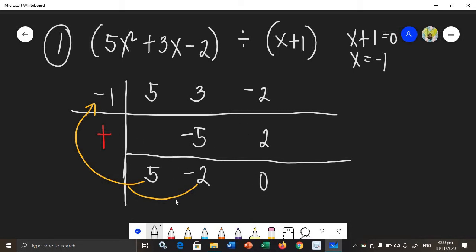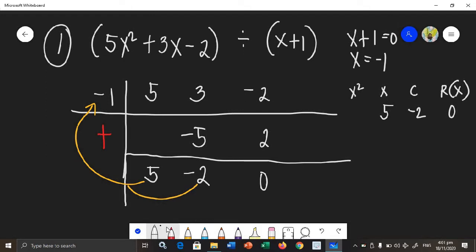If we write the answer, we arrange these numbers in this form. The number at the end will be your remainder, and then the constant, the first degree, and then the second degree. So the remainder is 0, your constant is negative 2, and the first degree, or the coefficient of x, is 5.